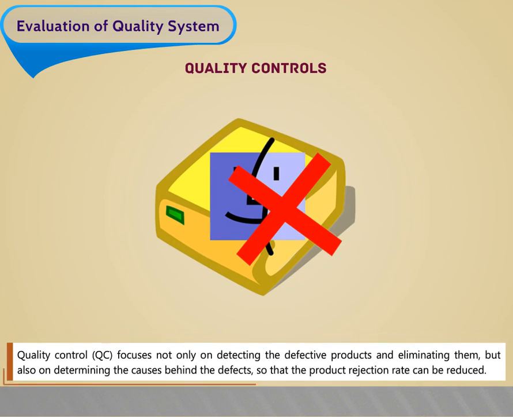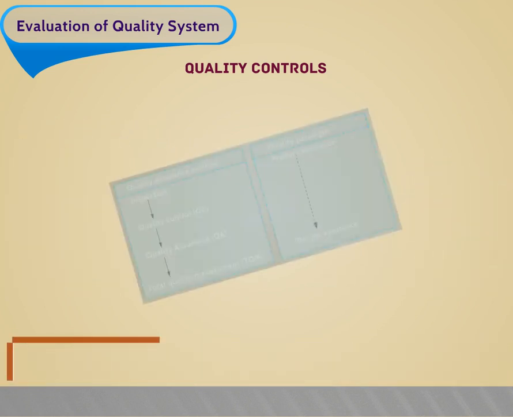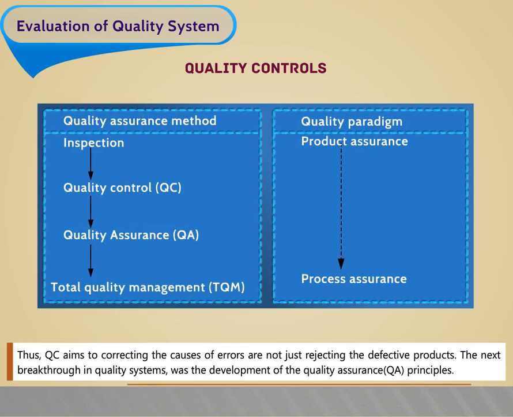Quality control (QC) focuses not only on detecting the defective products and eliminating them, but also on determining the causes behind the defects so that the product rejection rate can be reduced. Thus, QC aims at correcting the causes of errors, not just rejecting the defective products. The next breakthrough in quality systems was the development of the quality assurance, that is QA principles.